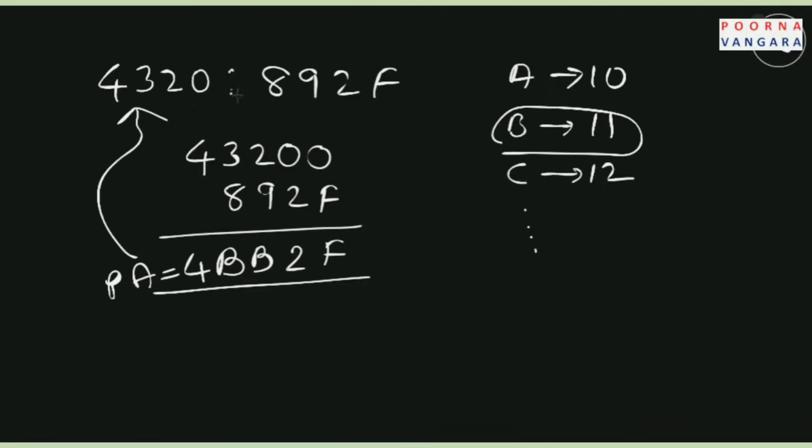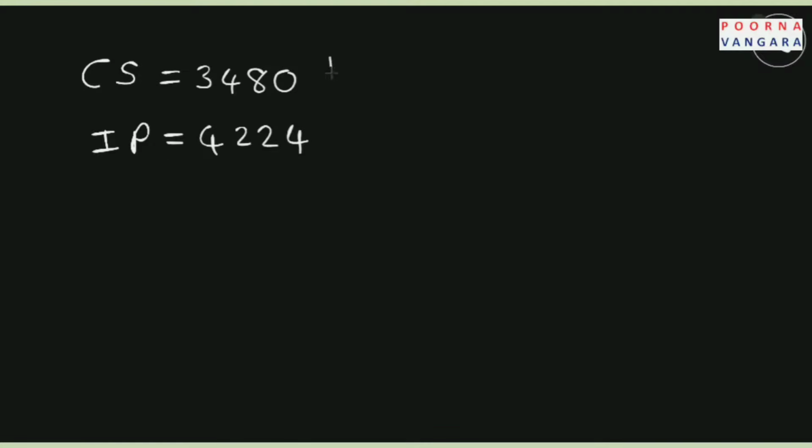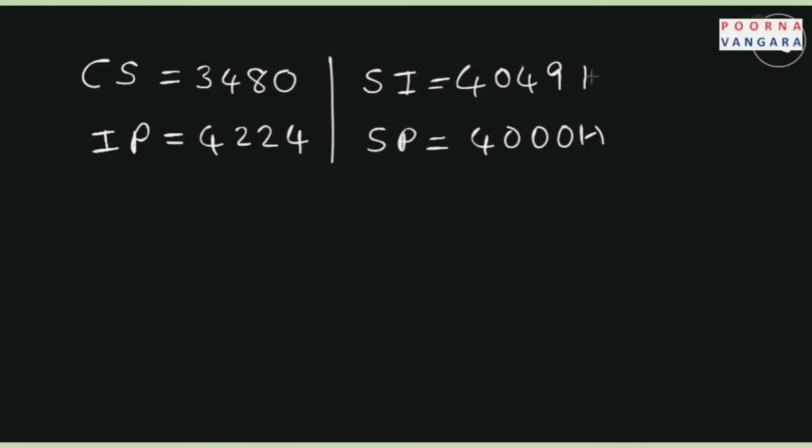Sometimes you will not find this direct representation to calculate the physical address. Sometimes the questions will be like this. They will give register values, like CS equal to 3480, IP equal to 4224, source index as 4049, and stack pointer something like 4000h, all in hexadecimal representation.